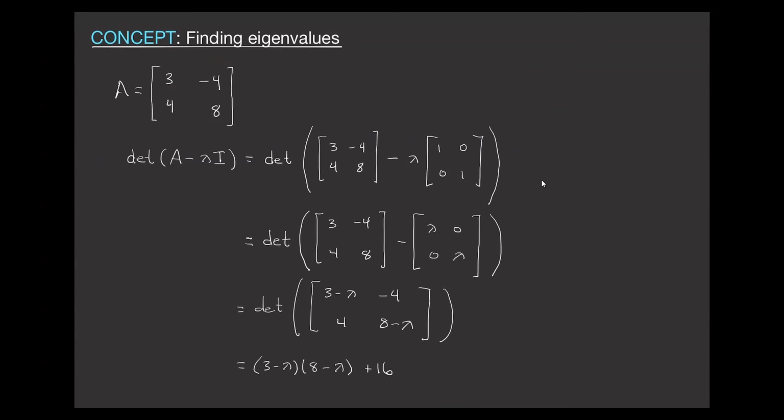That will be 24 plus lambda squared minus 11 lambda, plus 16. And if we simplify, it will be lambda squared minus 11 lambda plus 40.